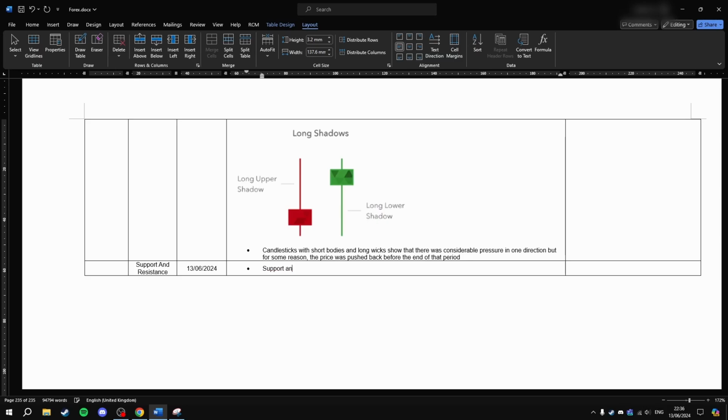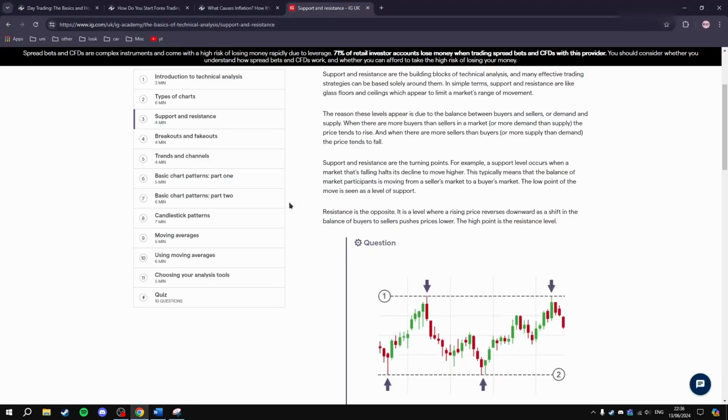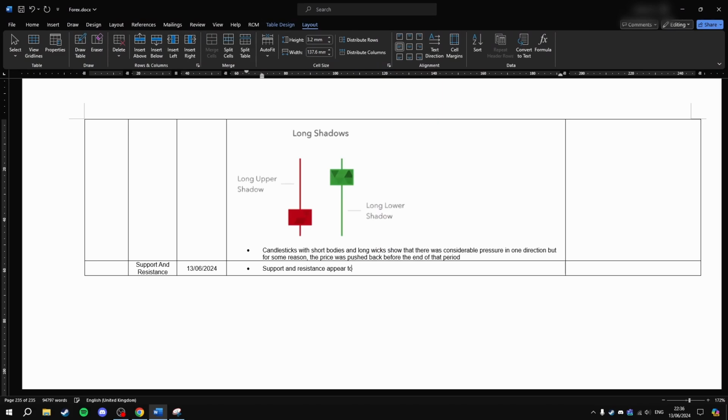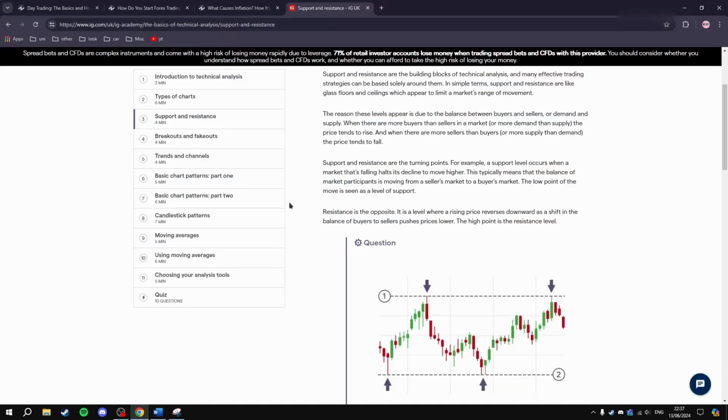Support and resistance appear to limit a market's range of movement.